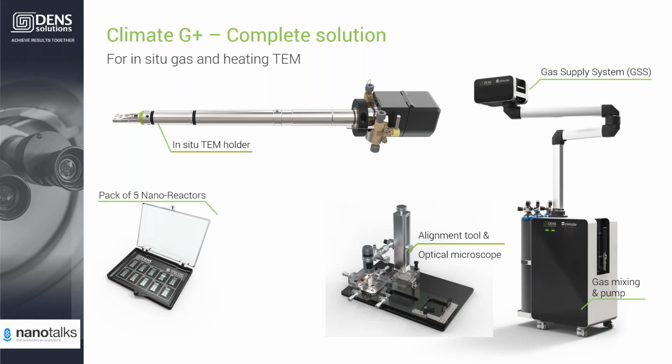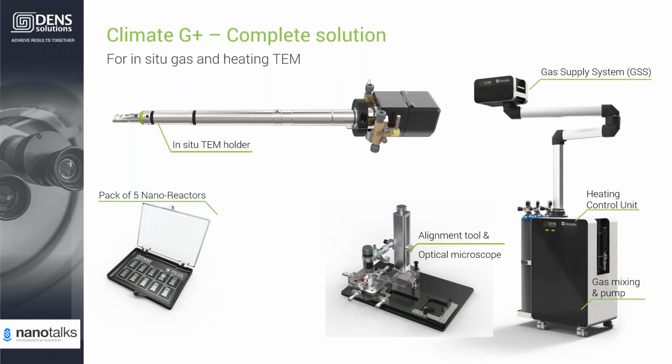Then, of course, for in situ gas and heating, you need a gas supply system. We have this very nice gas supply system, which can hold up to 3 gas cylinders that are mixed by means of mass flow controllers. And then it has a swing arm with pressure controllers that can be maneuvered very close to the TEM holder inside the column.